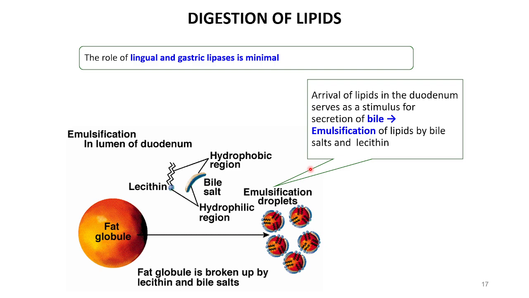So to make lipases more effective on fat, you want to increase the surface area. Bile salts work pretty much as a detergent to emulsify the fat and expose it more to the further action of lipase.